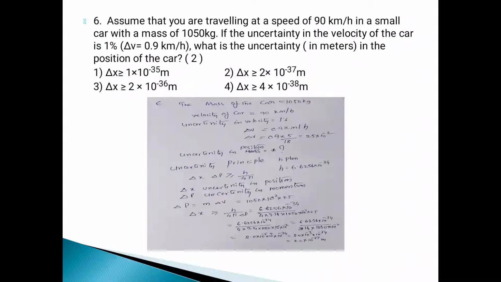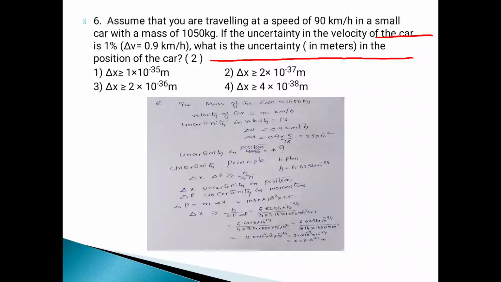Next, going to the sixth. Assuming that you are traveling at a speed of 90 kilometers per hour in a small car with a mass of 1050 kg, if the uncertainty in the velocity of the car is 1%, that means 0.9 kilometers per hour, what is the uncertainty in the position of the car?